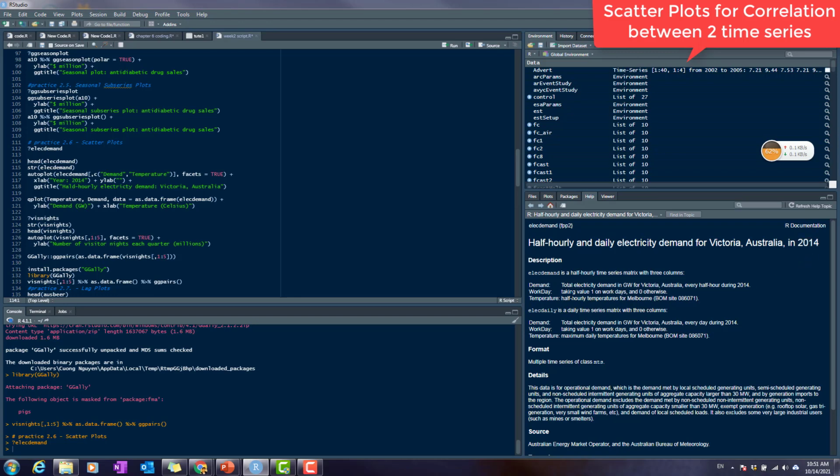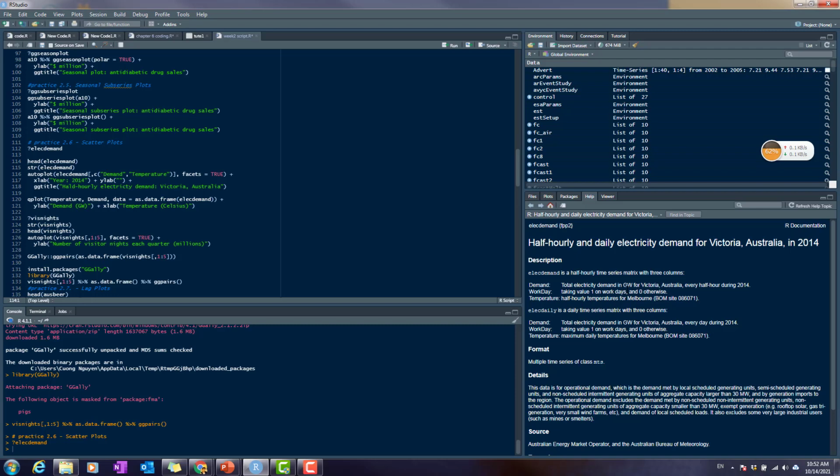So basically the data has three different variables, including the demand, whether it's a work day or not, and the temperature of that day. We also have the daily data, but we will just stay with the half-hourly time series. So basically that would be it.